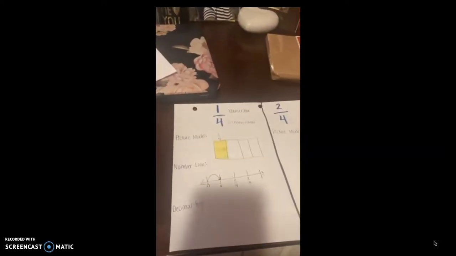Okay, we know that 1/4 is the same thing as, or is equivalent to, 25 cents. So now, how many quarters do you need in total to make 1 whole dollar? Okay, I hope you answered 4 because you need 4 quarters to make 1 whole dollar, okay?